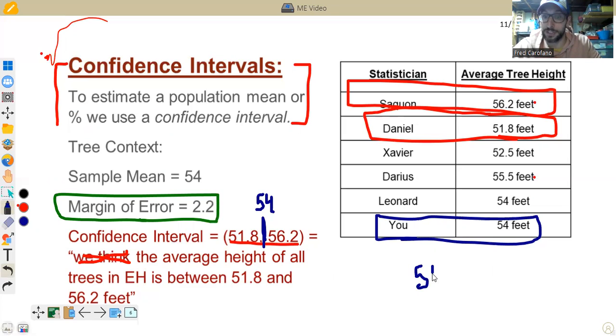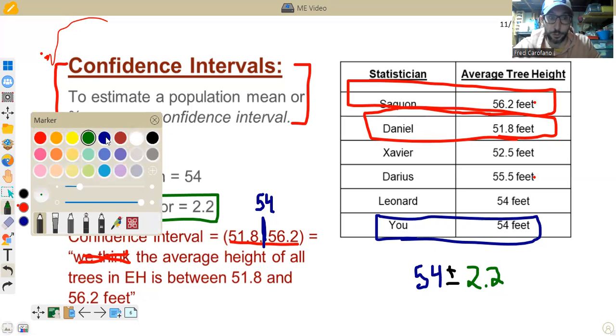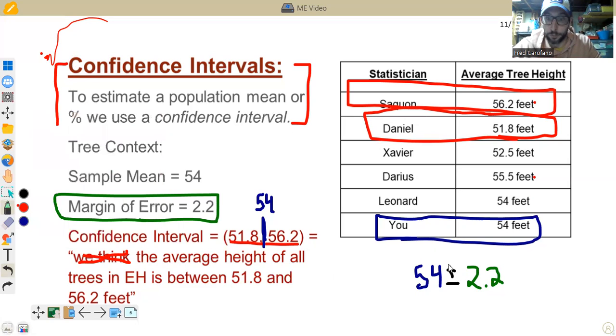So I start with my sample mean, which is 54. From there, I'm going to add or subtract this margin of error of 2.2. And when I do 54 plus 2.2, that's how I get this 56.2 number.